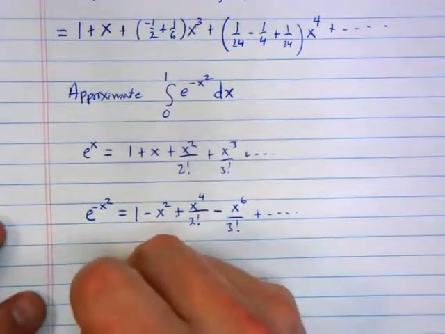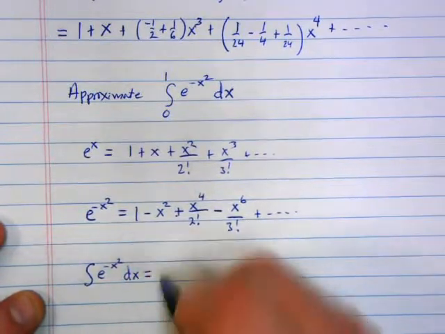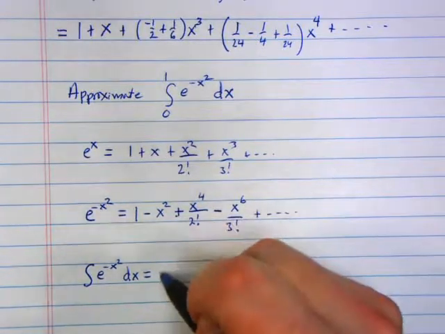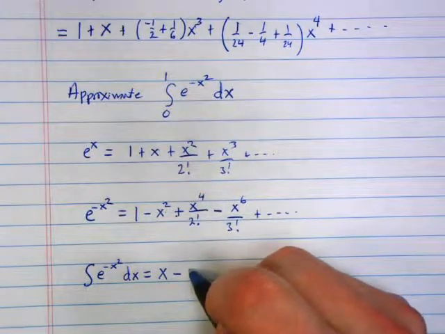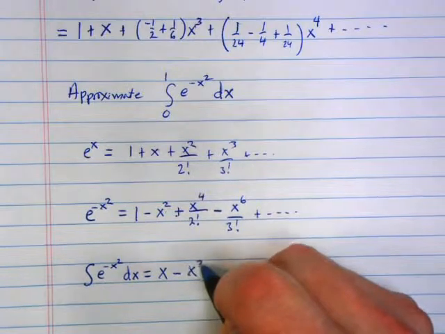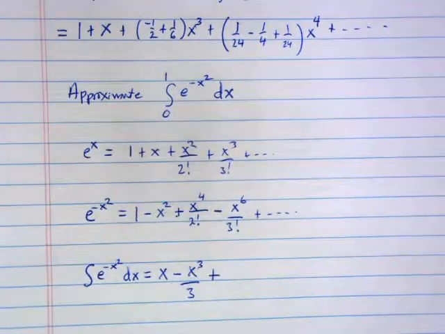What's then the integral of e to the negative x squared dx? Well, what's the integral of 1? X. Minus, what's the derivative of x squared? Negative x cubed over 3. Minus x cubed over 3. Plus, what's the antiderivative of x to the 4th over 2 factorial?